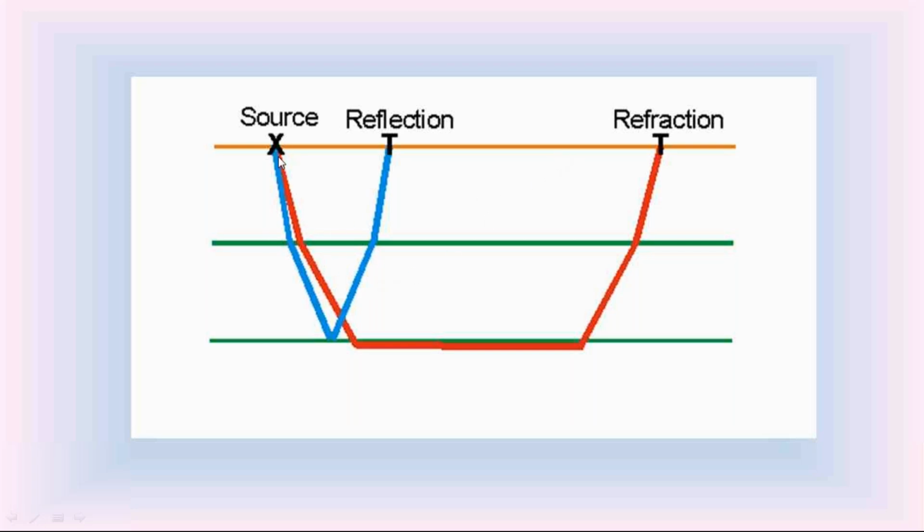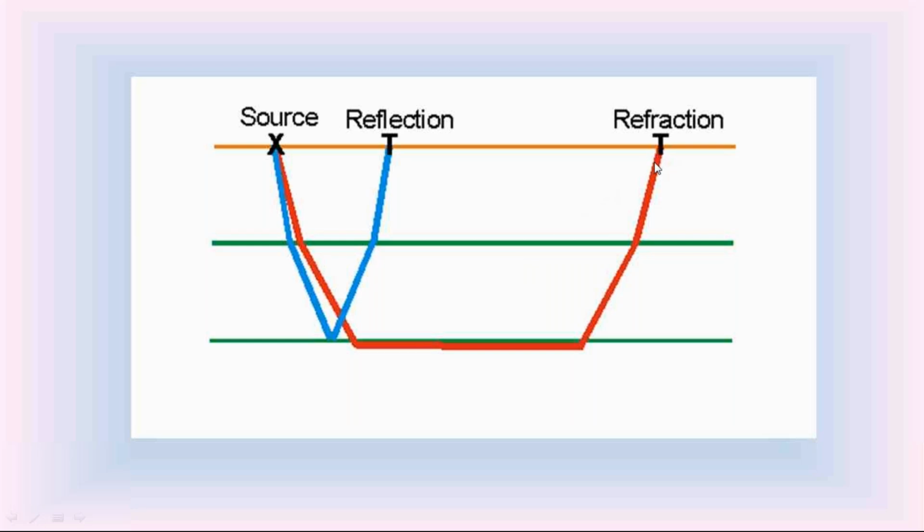Similarly, observe this shock wave. When the shock wave is traveling into the second layer, below this second layer we have the third layer. So at this interface, some portion of the shock wave is moving into the third layer. Some portion of the shock wave gets reflected and comes back to the ground level.